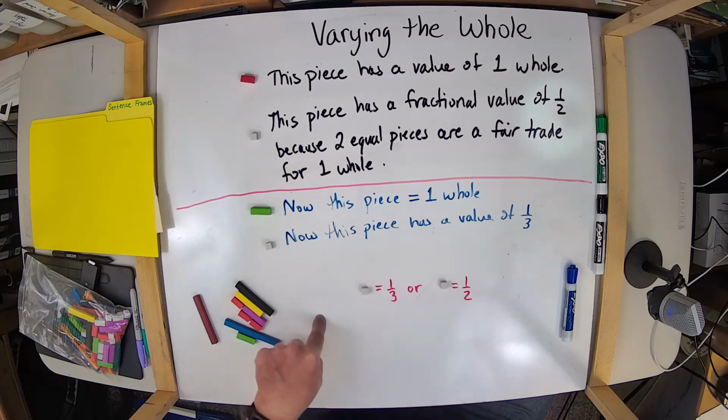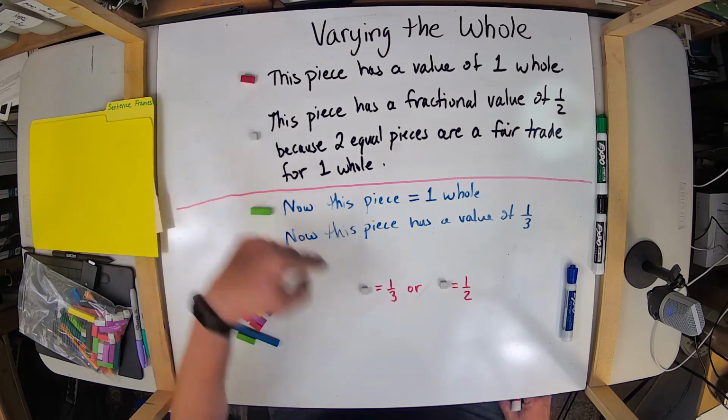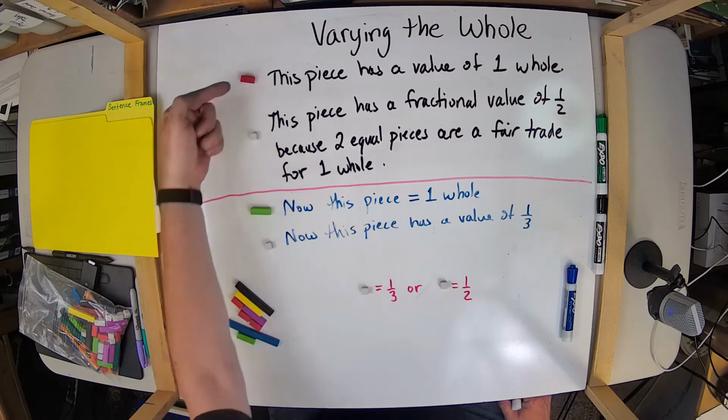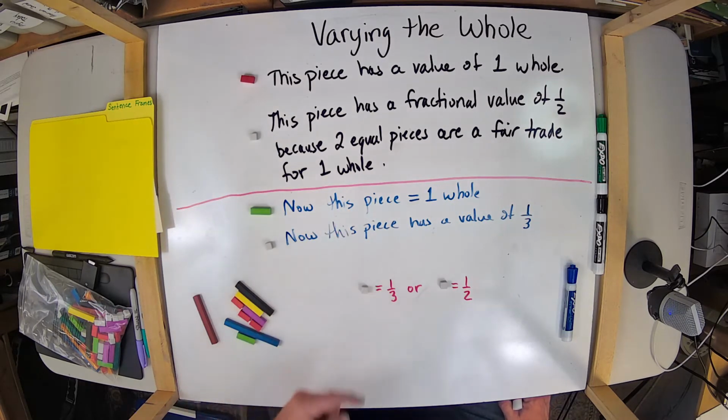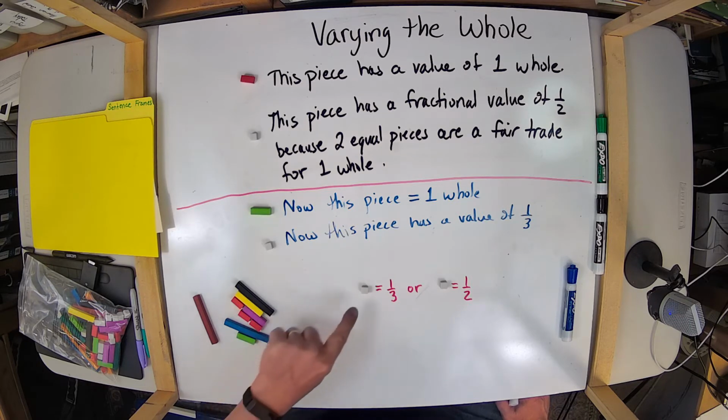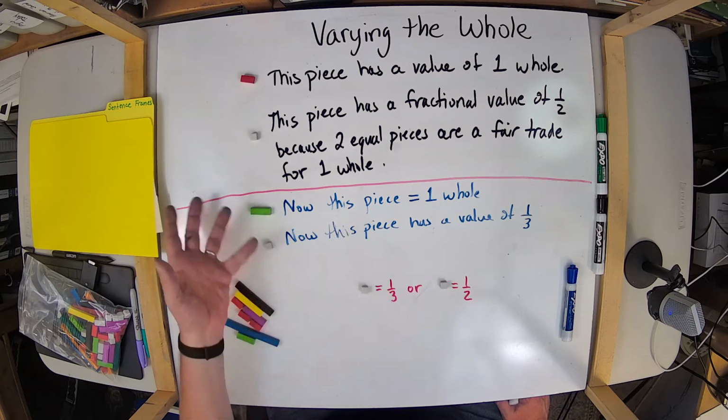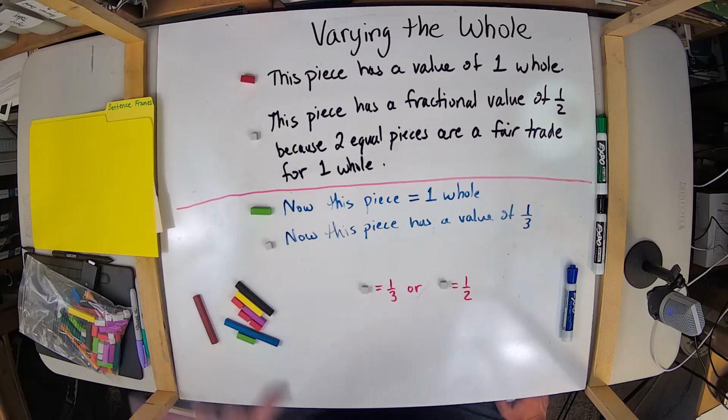What I mean by that is it only has a fractional value when compared to a whole. So this block cannot have a fractional value if I don't establish a whole, or if I don't define what the whole is. And it only has a fractional value in comparison to that. That's why varying the whole is so important.